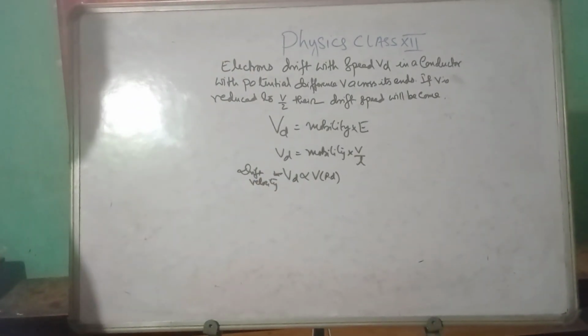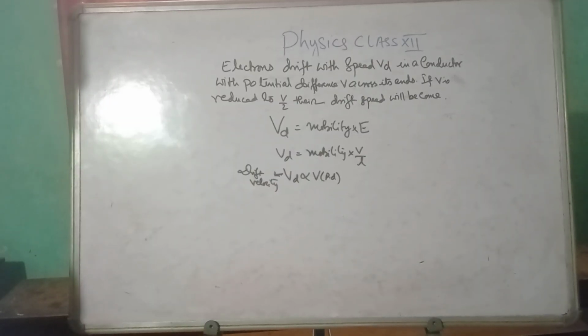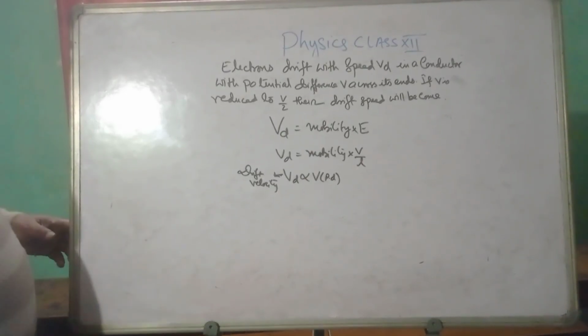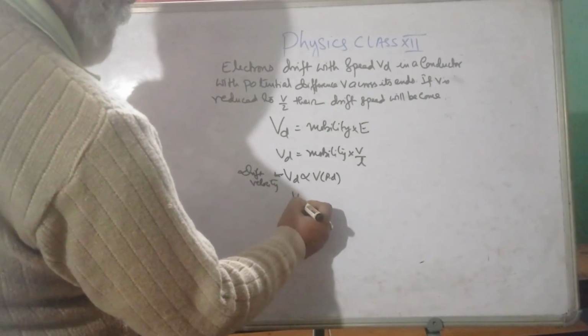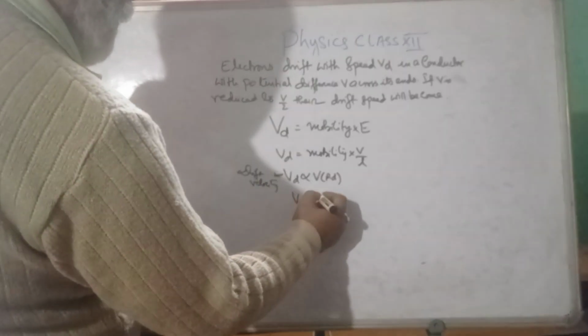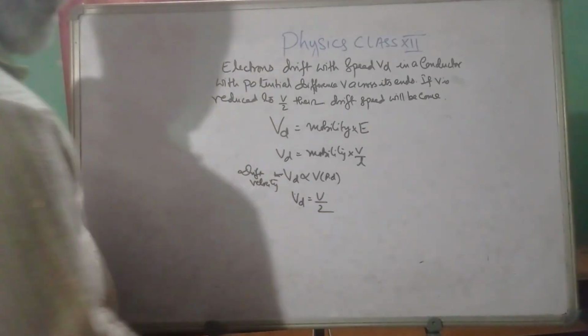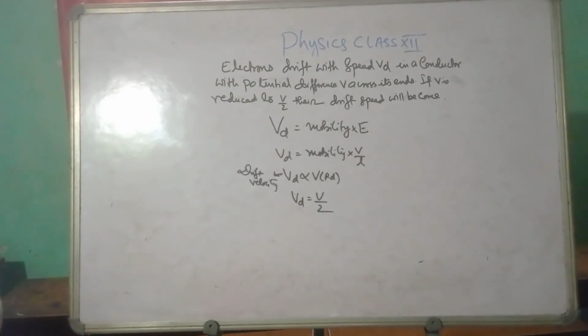So if V reduces to V by 2, your drift velocity will also reduce by 2. So your drift velocity will be equal to Vd by 2.